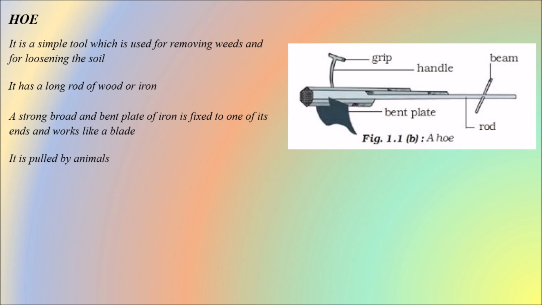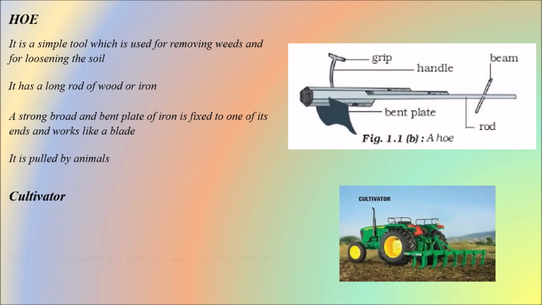And this hoe is pulled by animals. Coming to cultivator. What is a cultivator? Nowadays ploughing is done by a tractor driven cultivator. If you observe, we can see a structure similar to a plough attached to the tractor.